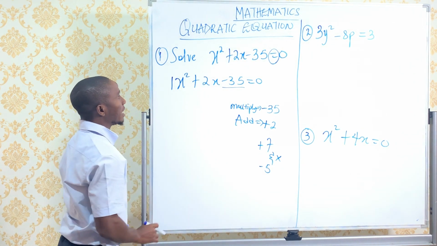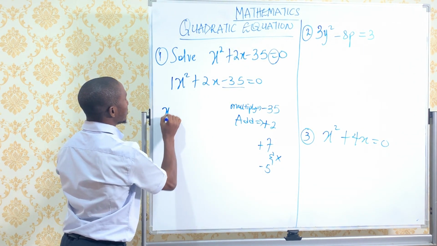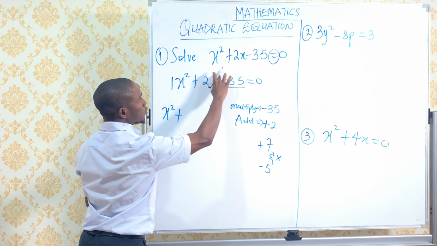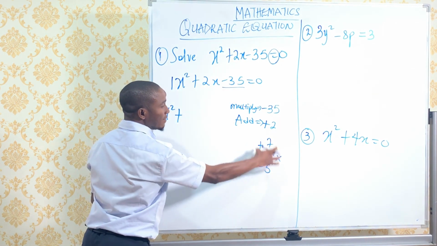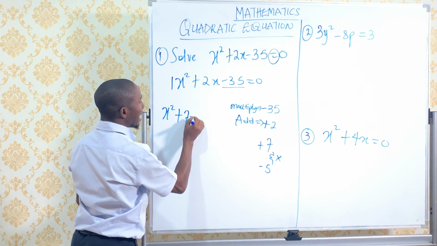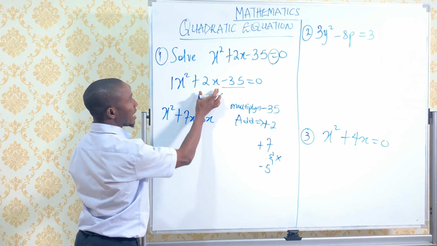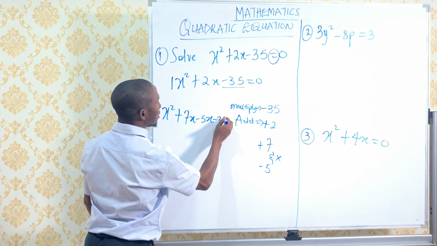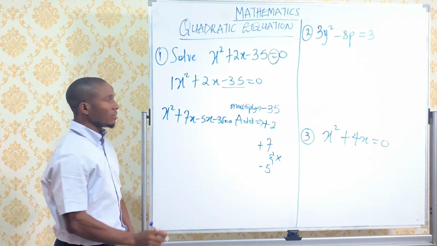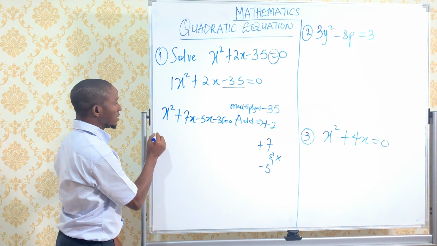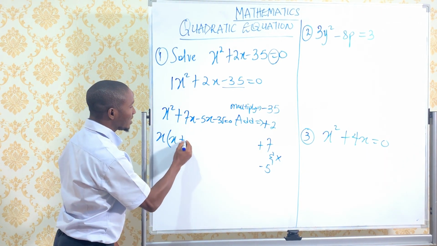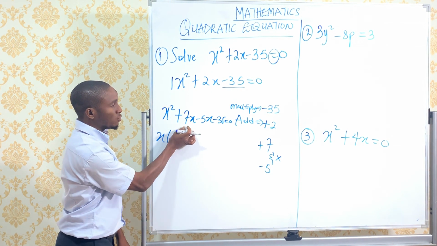Now, we can go back. X squared is still the same thing, x squared plus, instead of 2x, 2x can now be replaced with 7x minus 5x, then we have minus 35 equal to 0. Now, between these two, x is common, we bring it out, so we are left with a single x plus 7.